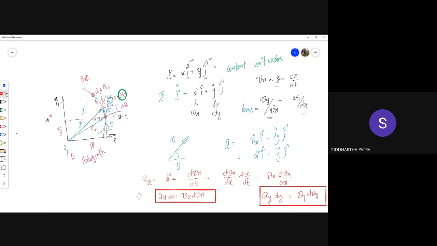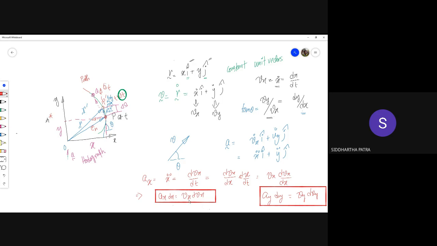So that is the second important result for the Cartesian coordinate system. You can independently treat the motion in each coordinate, although the motion of the particle is coupled. The actual path of the curve is generated by both coordinates, but you can individually study the motion in each coordinate.